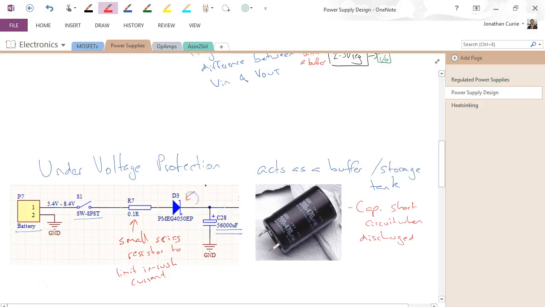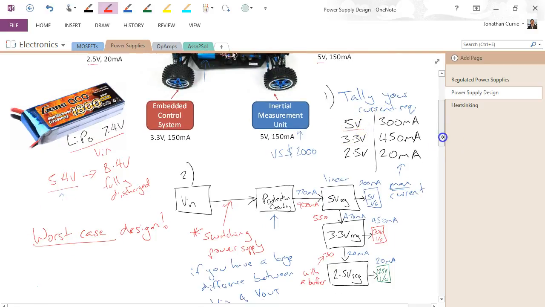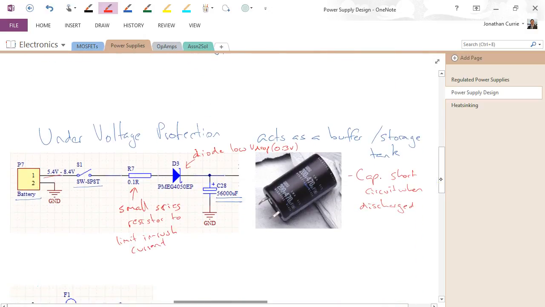We also put in a Schottky diode, a diode with a low voltage drop, Schottky being around 0.3 volts. Once again, remember we've only got 5.4 volts coming in, and with worst case design, to get 5 volts coming out, it only leaves us a 0.1 volt drop across our 5 volt regulator.